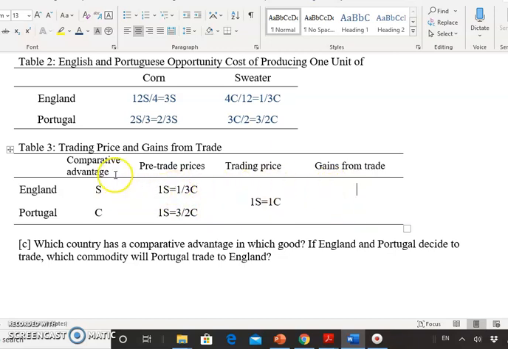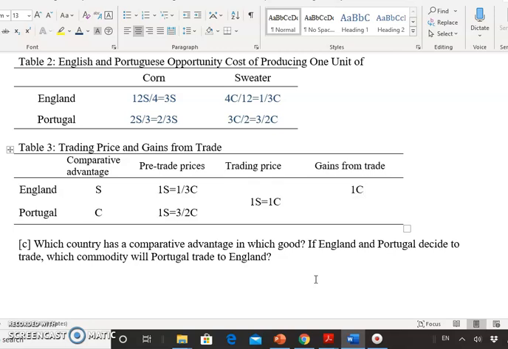Now, let's see how we could find the gains from trade. We said that England has a comparative advantage in sweater production. So they want to produce more sweaters once they start trading with each other. Now, with trade, we find that one sweater can exchange one corn. So that's how much the English sweater producer can get, one corn.